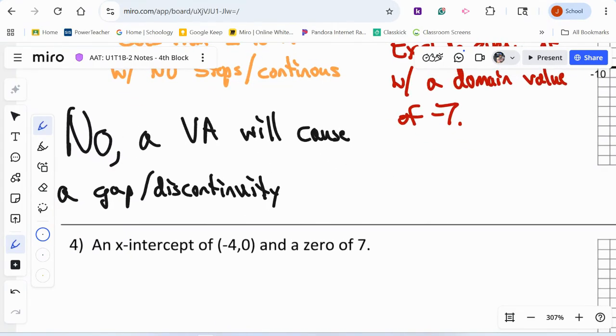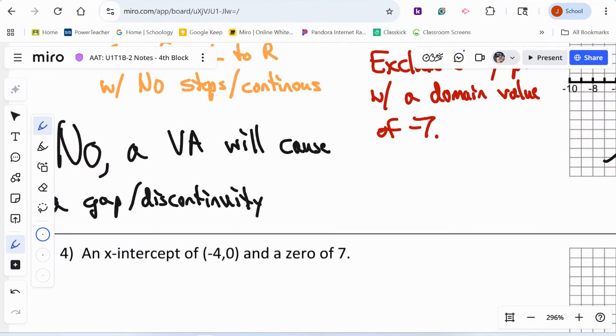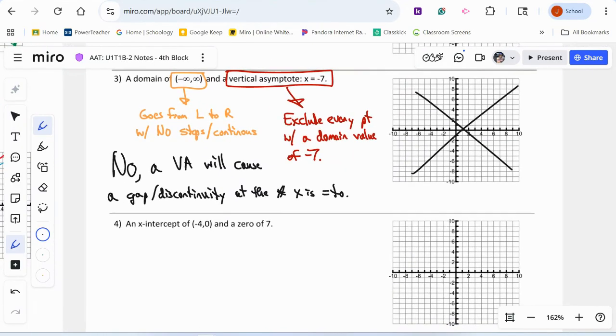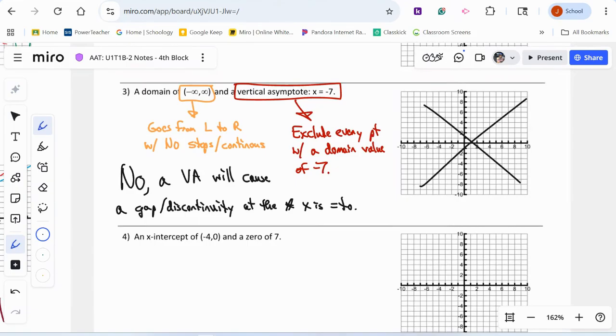You can fix the spelling on your own notes if you would like to. A discontinuity at the number x is equal to, right? So we know a vertical asymptote at -7 means at a minimum we have to skip over -7, which means there's no way the domain can include every number because it would have to exclude -7.